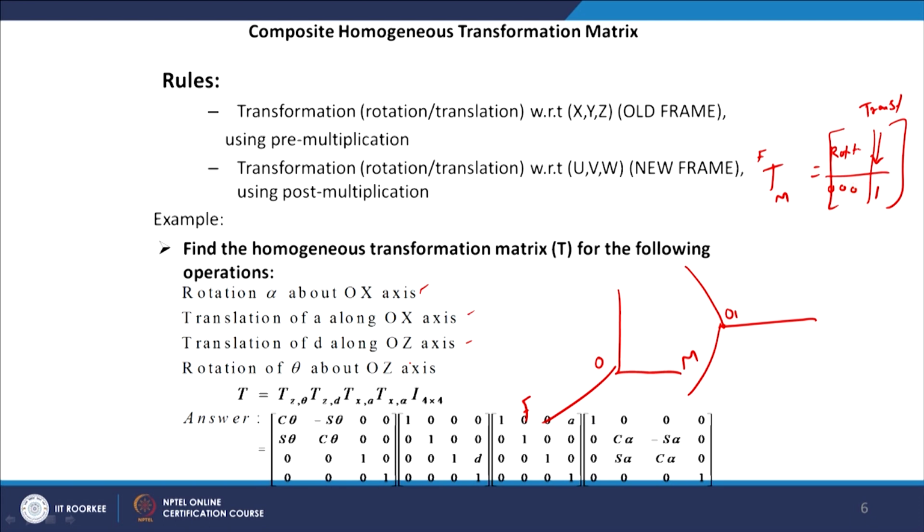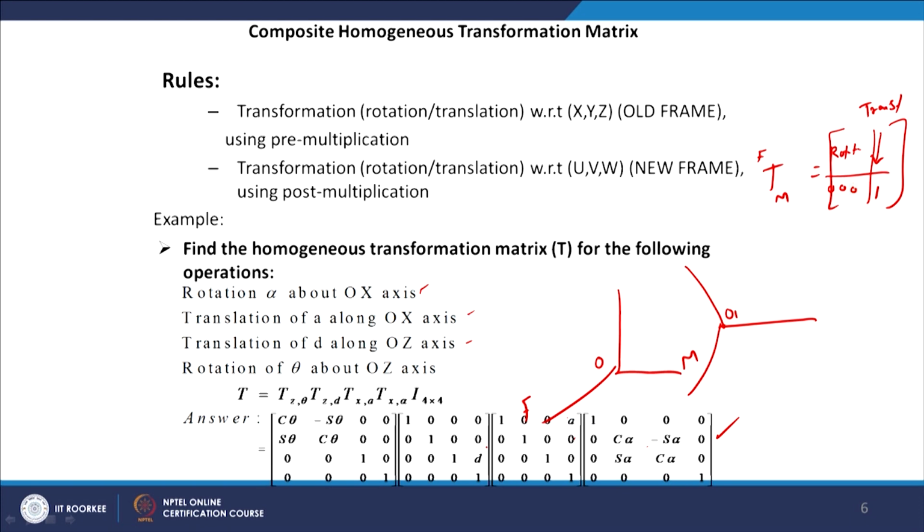So the operations should be multiplied on the left side. First is the rotation with respect to the x axis, this one, and then translation along the x axis, that is a distance along the x axis, and therefore y and z are 0 0. Then a translation along the z axis of the fixed frame.